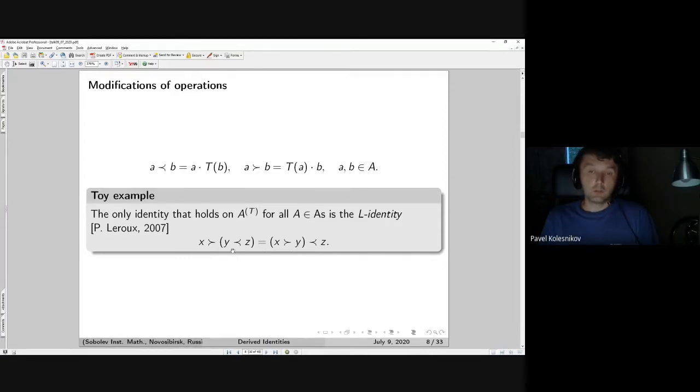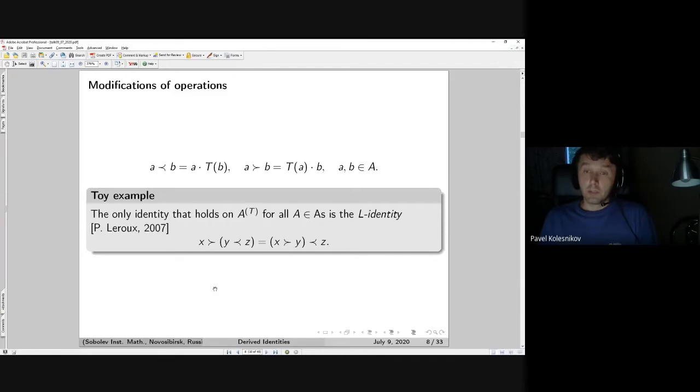It is very easy to show that this identity holds, but there are no other identities that hold for such operations in the case when T is an arbitrary operator and A is an arbitrary associative algebra.